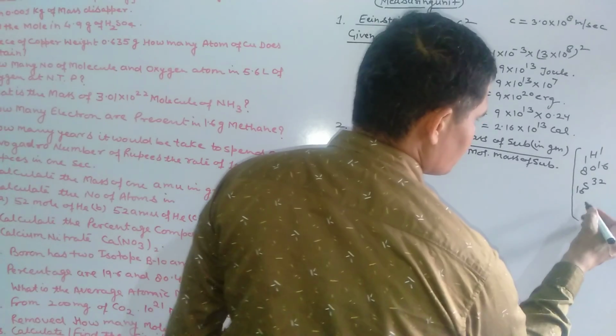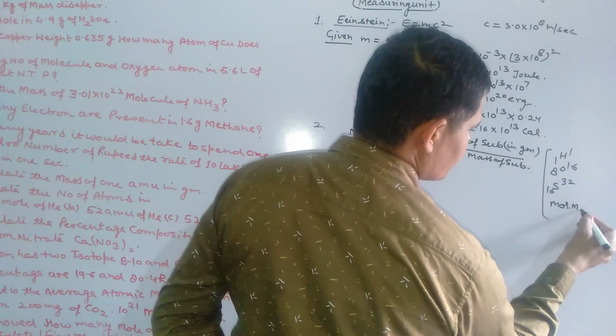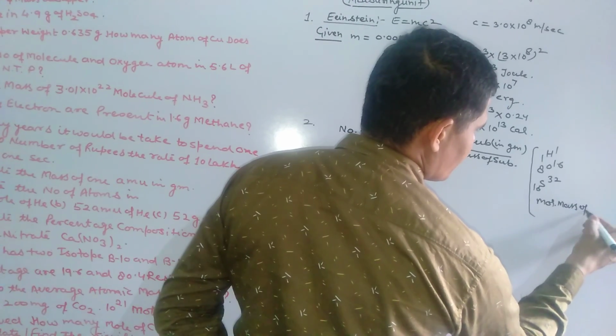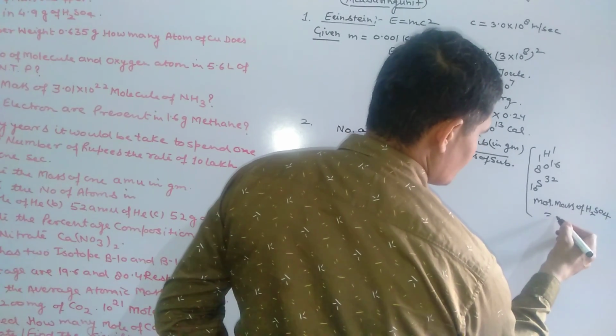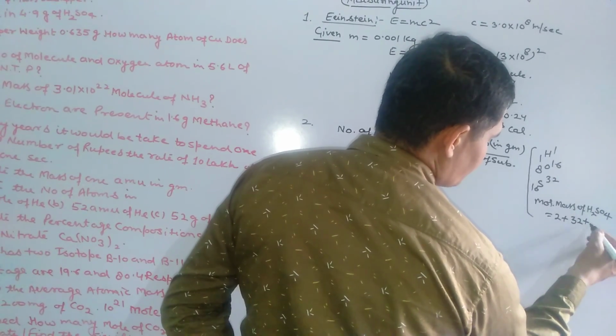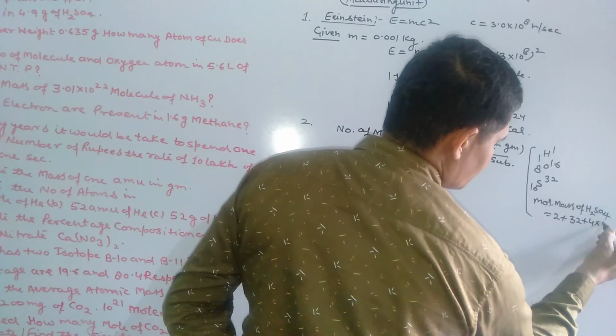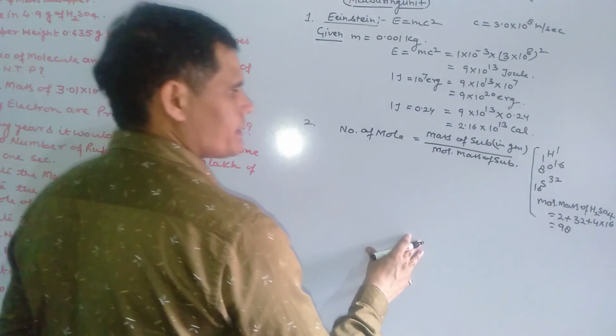Hence the molecular mass of H2SO4 will be 2 plus 32 plus 4 into 16, and it will be equal to 98.